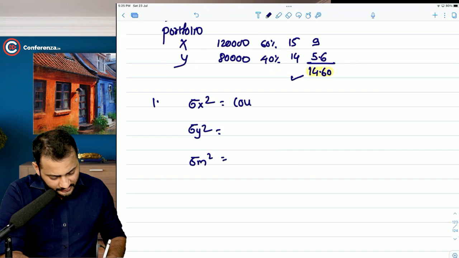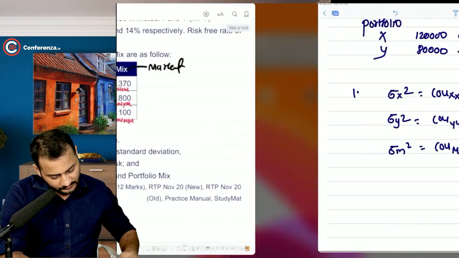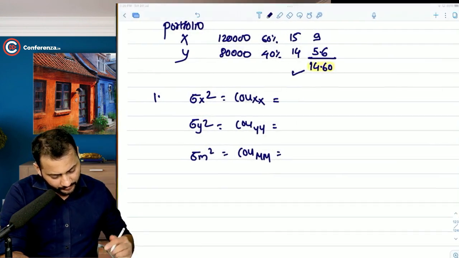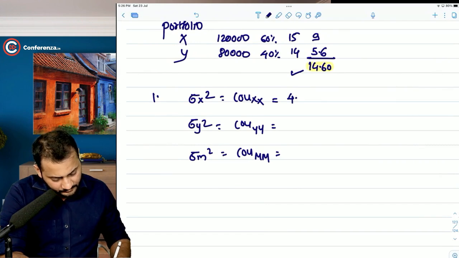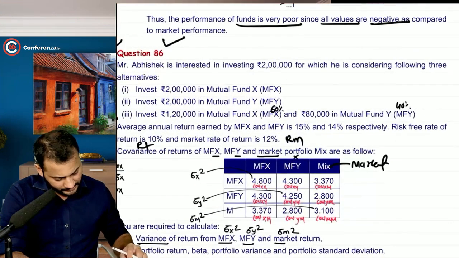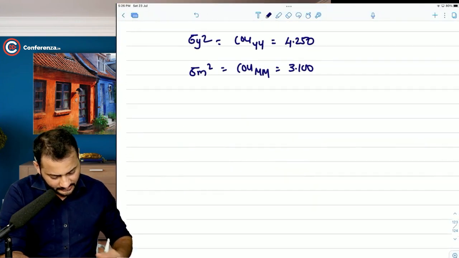That means covariance of X with X, covariance of Y with Y, and covariance of M with M. 4.8, 4.25 and 3.1. Right? That's the first answer.